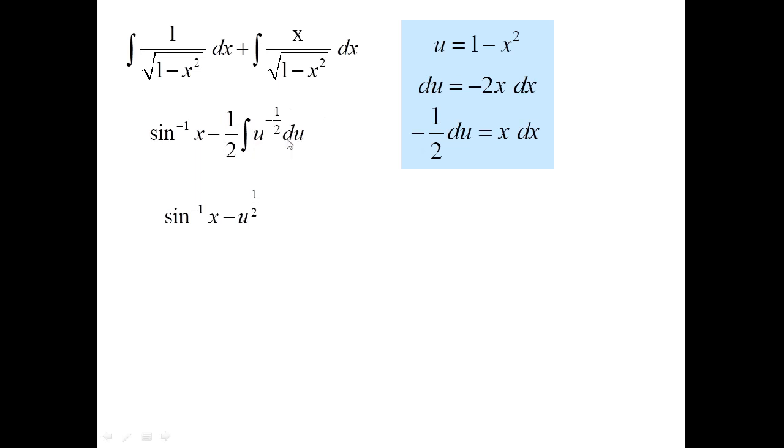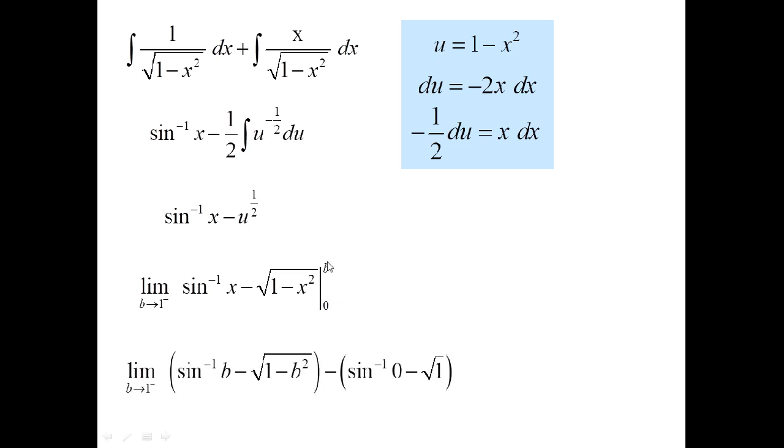Right, so then when we take the antiderivative of that, we're going to end up with u to the 1/2 power, which is the same thing as the square root of 1 minus x squared. All right, and then we're going to evaluate that from 0 to b. So we plug in b everywhere, minus plugging in 0 everywhere. And we still have our limit hanging out here.